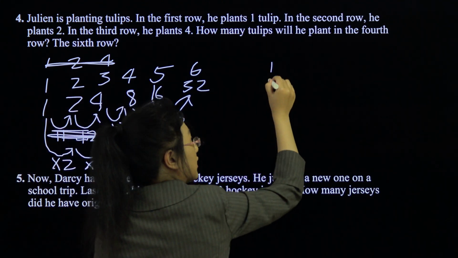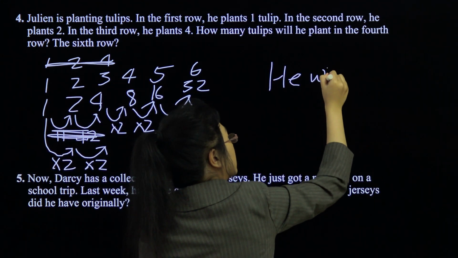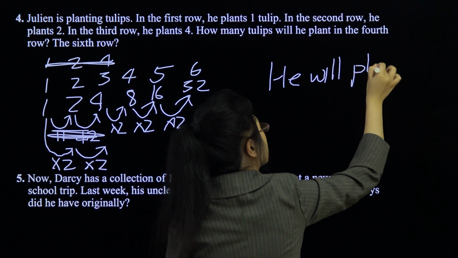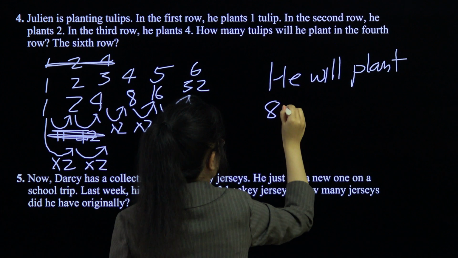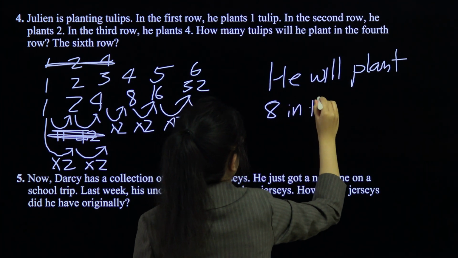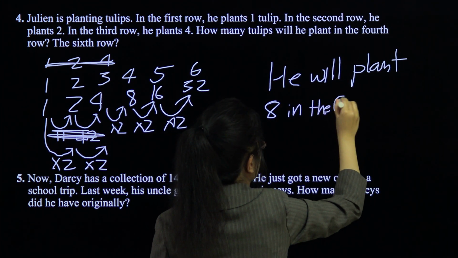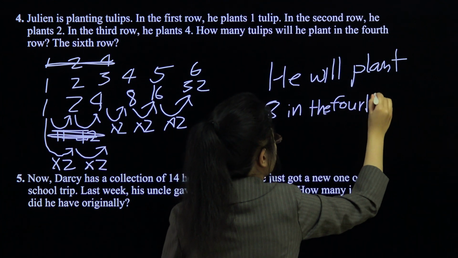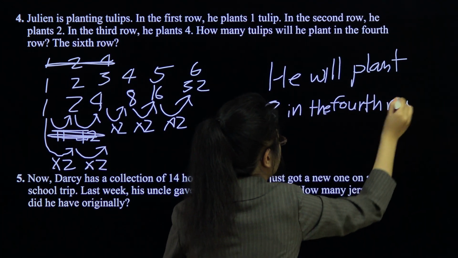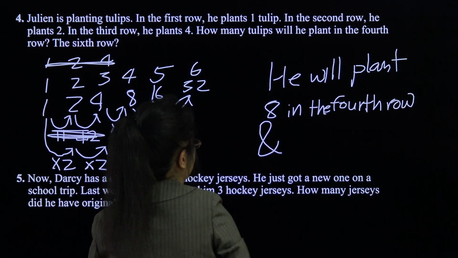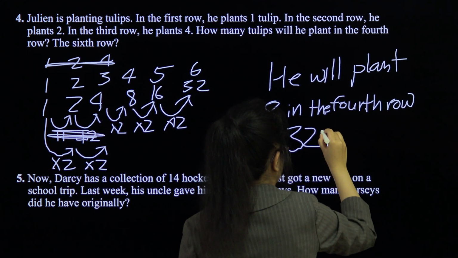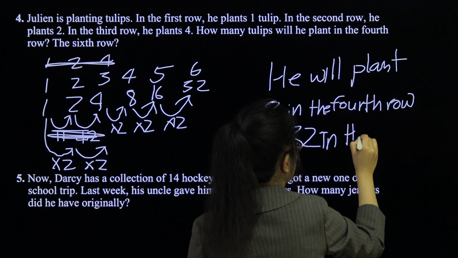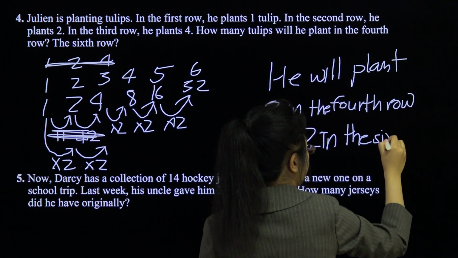So he will plant 8 in the 4th row, and that's an ampersand sign. 32 in the 6th.